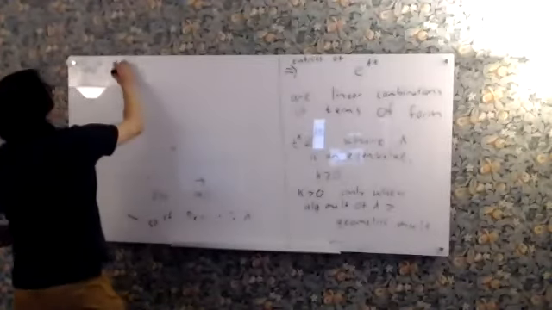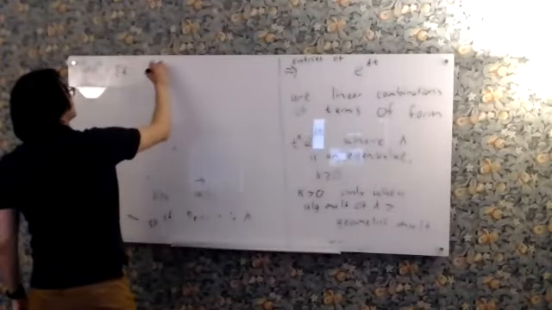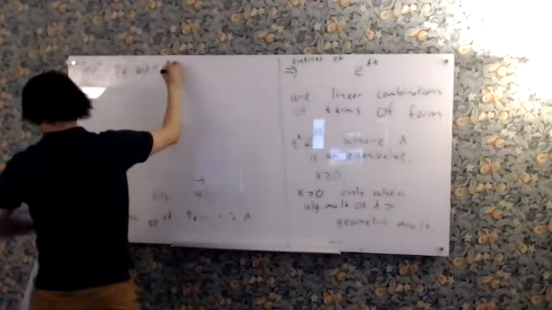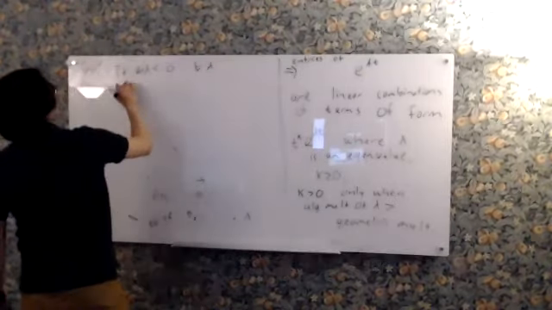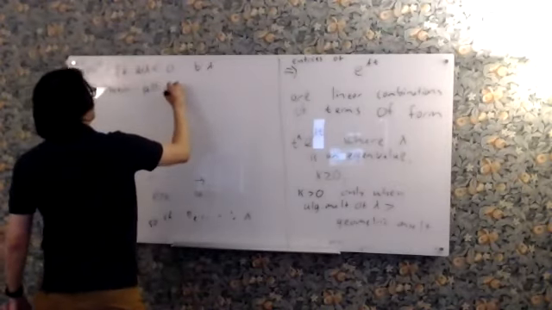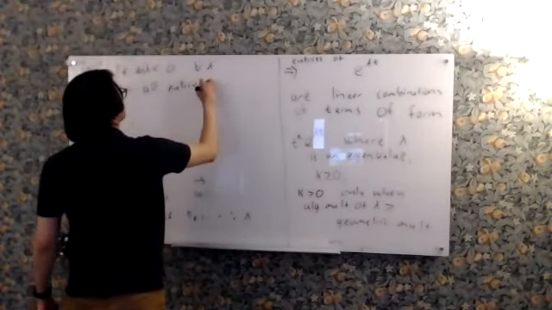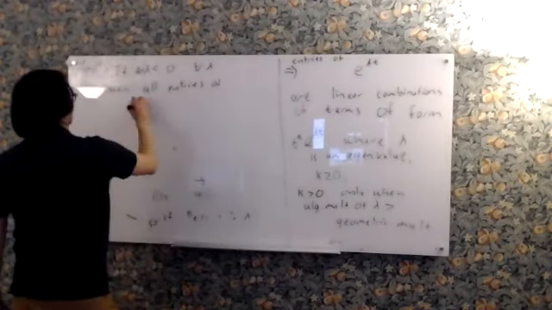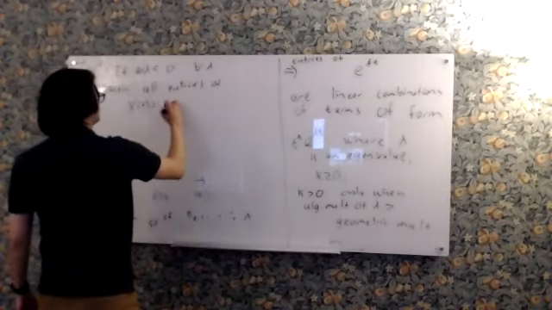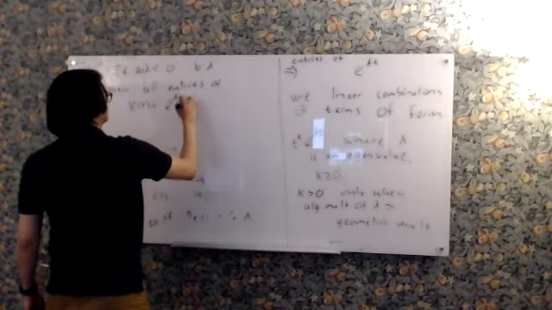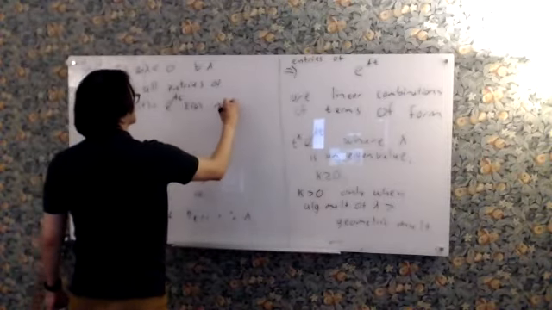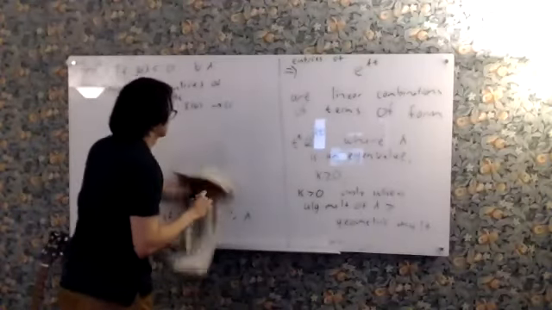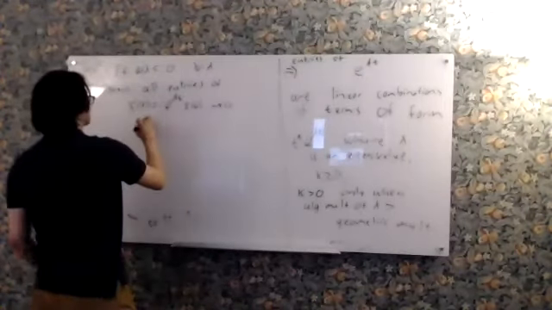By the argument we just had, if the real part of lambda is negative for all lambda, then all entries of x of t equals e to the At x of 0 converge to 0 exponentially.